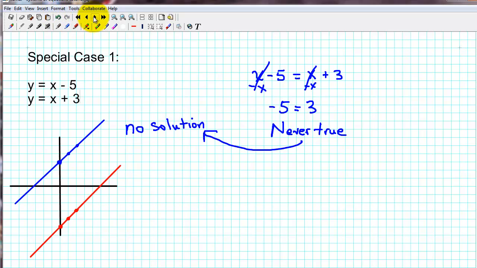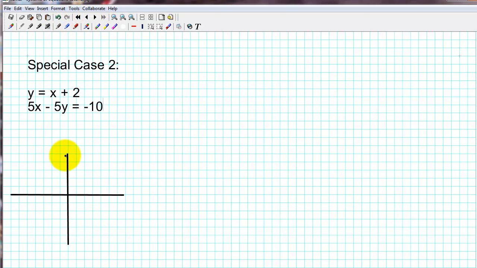Let's look at our last case here. Let's graph these two lines, looking at it graphically first. We have a y-intercept at 2 and a slope of 1 for the first equation. Let's see here, try to get my line right. And let's do the second one here in blue.